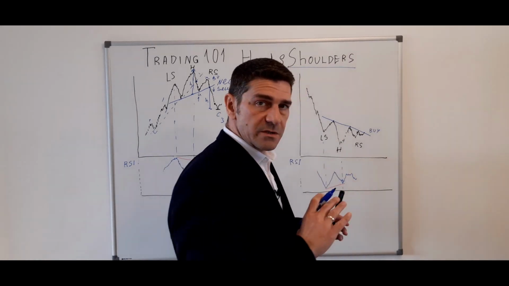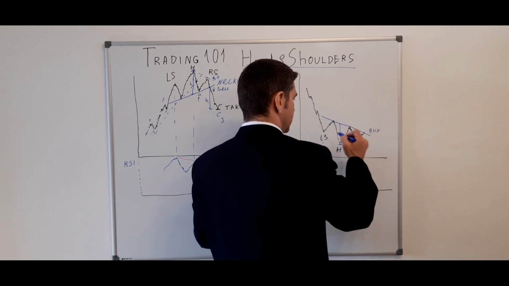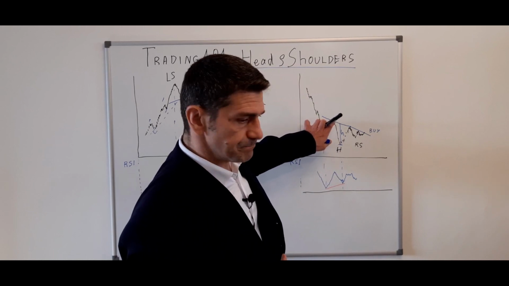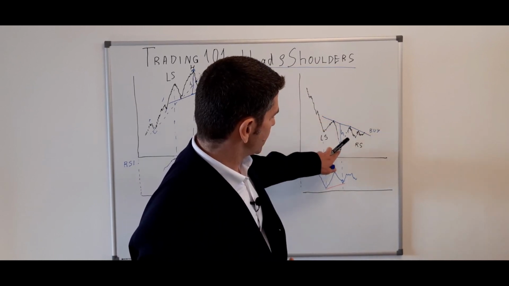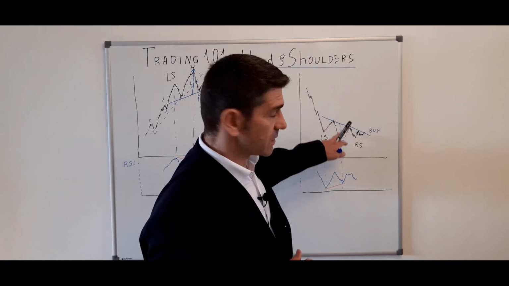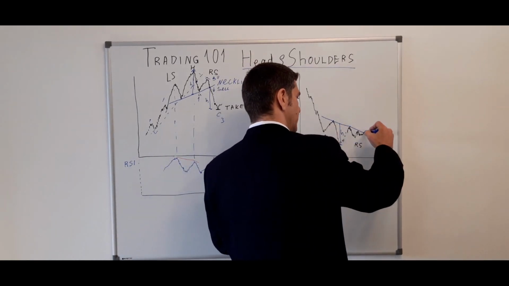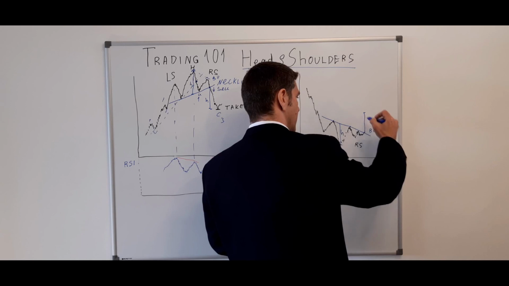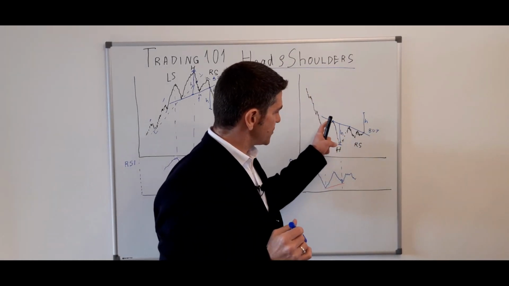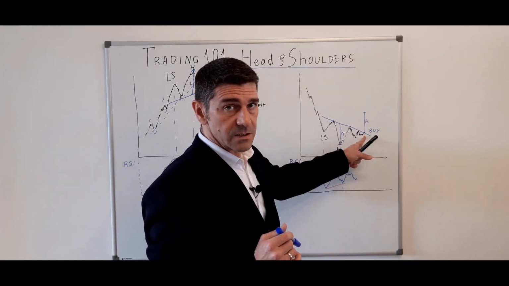And also what we have got here, we have again a target zone. How is this target zone determined? We have to measure this size from the head of the shoulders up to the neckline, and we project this measure from the moment where the neckline is broken.